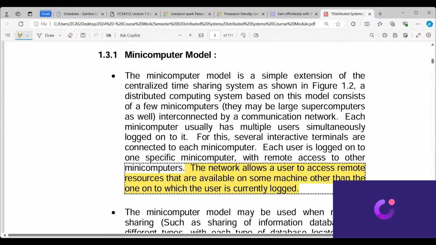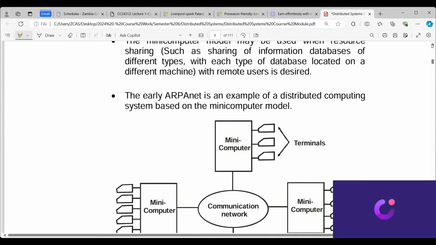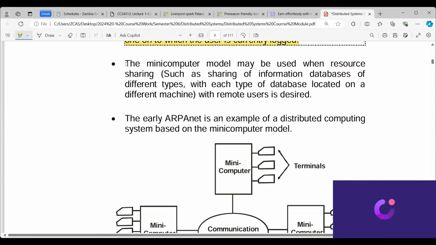Now, the mini computer model may be used when resource sharing is desired, such as sharing of information databases of different types, with each type of database located on a different machine, with remote users.